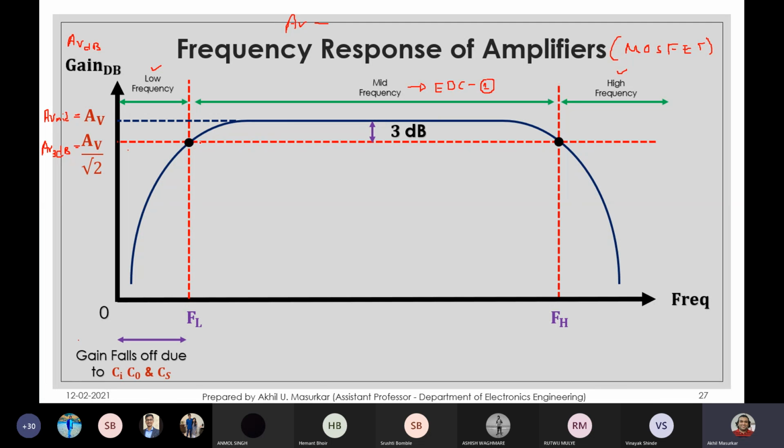Now here in the low frequency region, the gain falls due to capacitances Ci, C0 and Cs. These three capacitances are responsible for this roll off in the low frequency range.